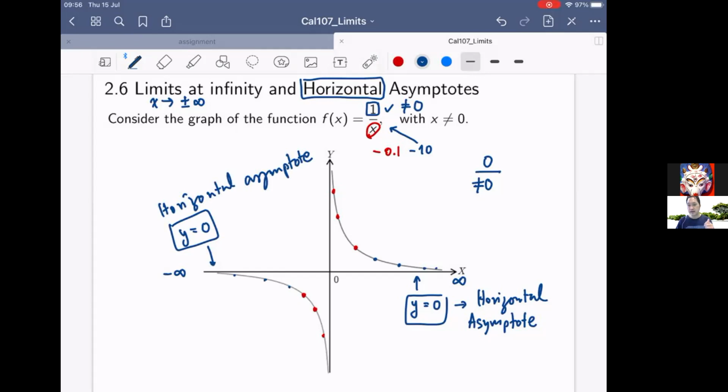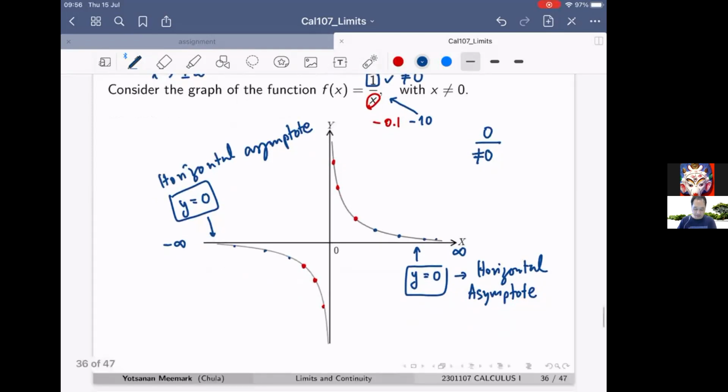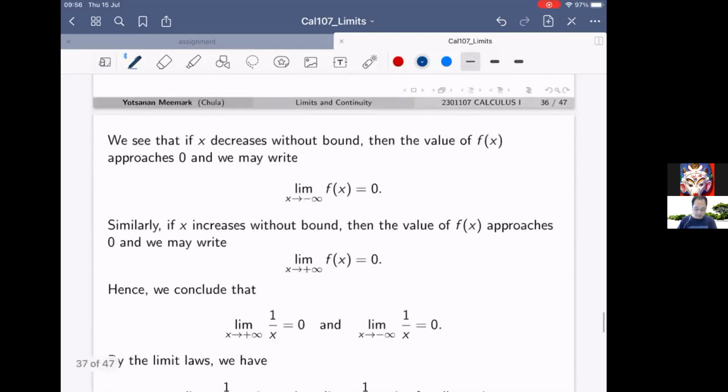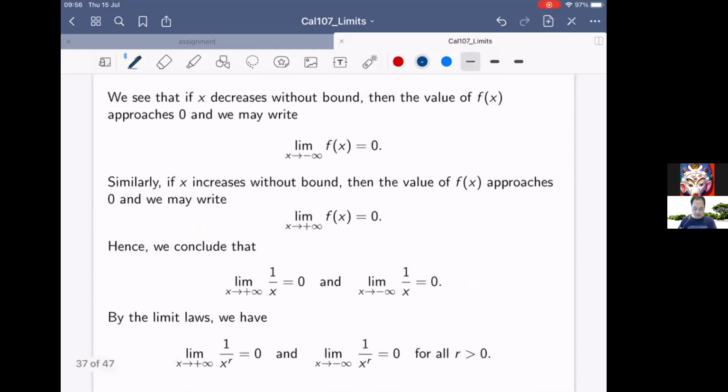For this function, it just happens to be the same either way: as x goes to infinity or negative infinity, the horizontal asymptote is still y = 0. So as x goes to negative infinity, the function goes close to 0, as you can see from the graph.